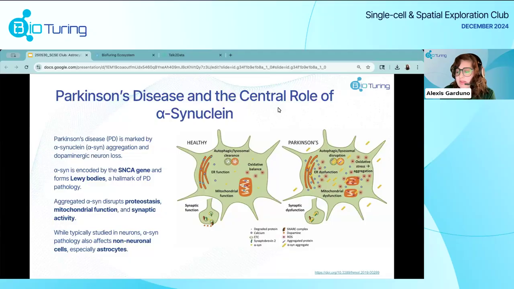If you're not currently working within the neurodegenerative space, Parkinson's disease is classically defined as the accumulation of alpha-synuclein aggregates, the product of the SNCA gene, into Lewy bodies. We see this protein at a loss of dopaminergic neurons in the substantia nigra. These aggregates are not only a hallmark of this disease but also drive pathology, by impairing cellular proteases, mitochondrial function, or synaptic transmission.